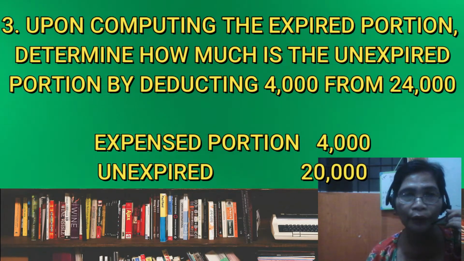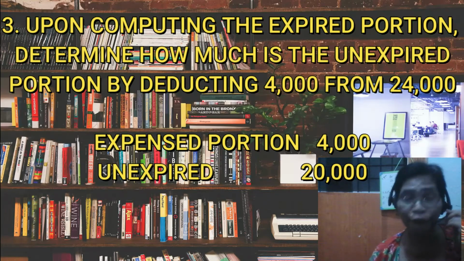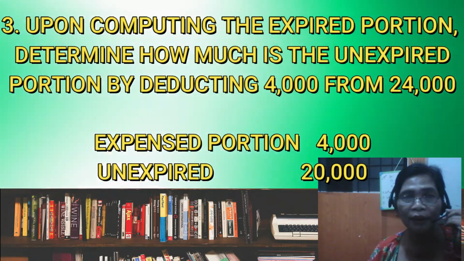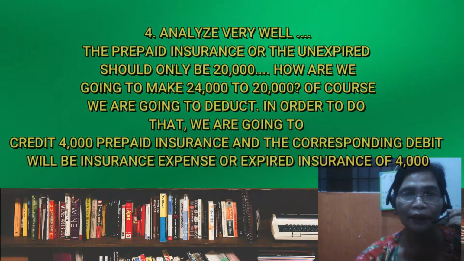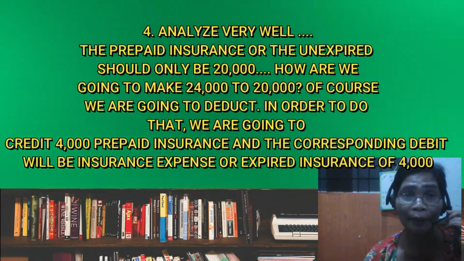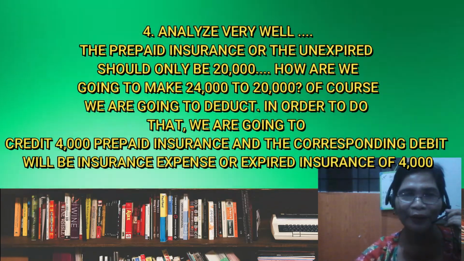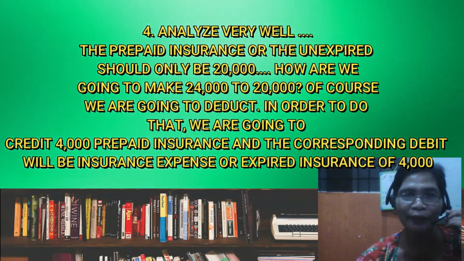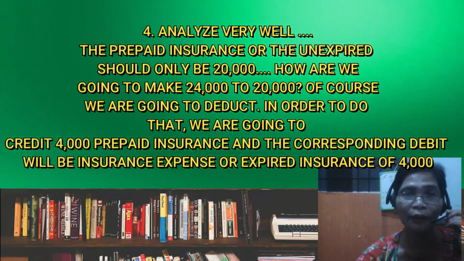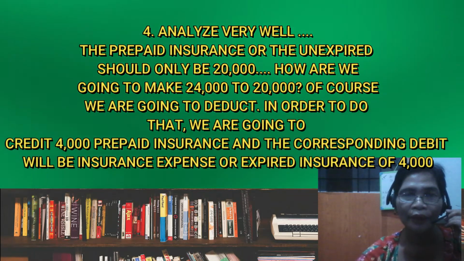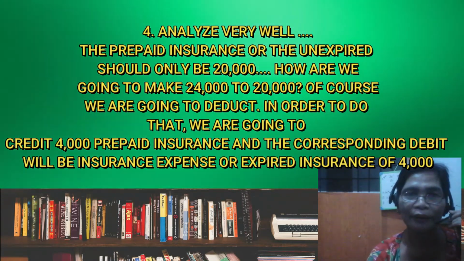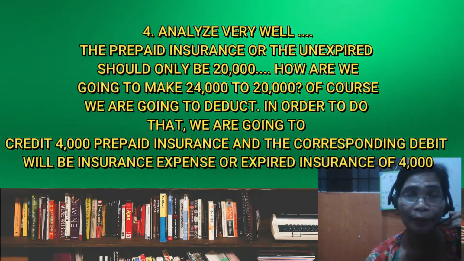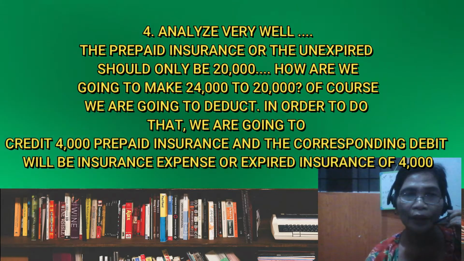So let's go now to step number four. You have to be very careful in this step because in my experience, although my students can get step one, step two, step three, and are very happy about it, when they are not careful in step four, they can create an incorrect adjusting entry. Analyze the account very well. That's prepaid insurance. It's a debit, 24,000 on September 1, 2019.